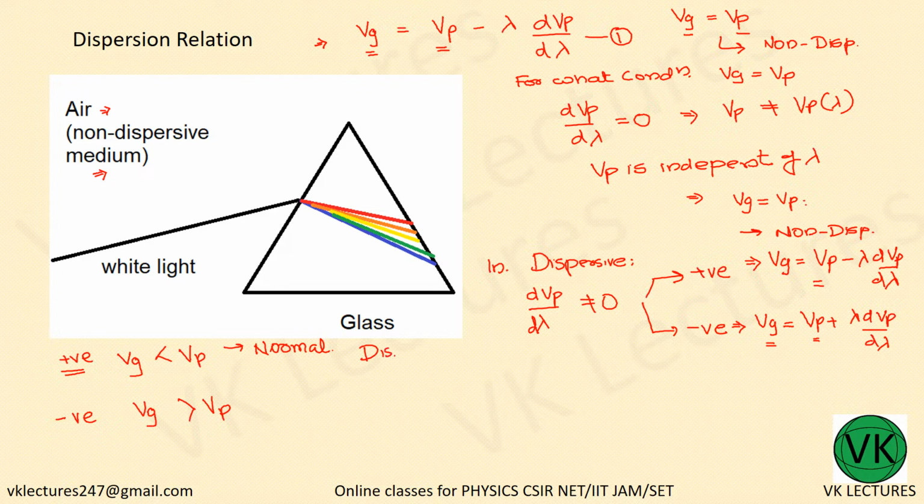If the quantity is positive, this is called normal dispersion. Okay, now in this case this is called abnormal dispersion.